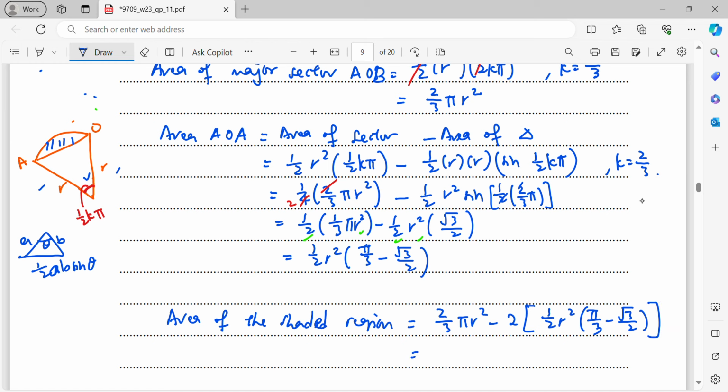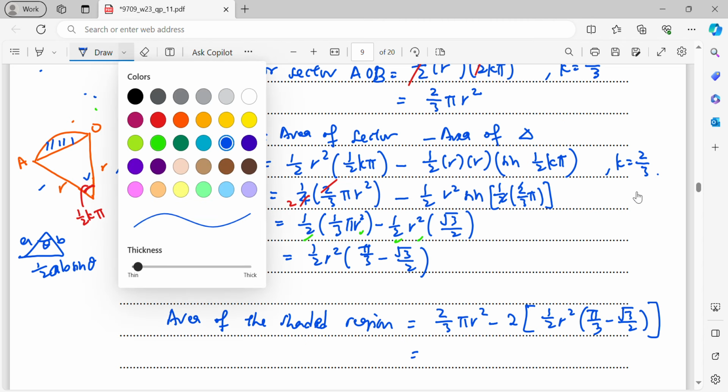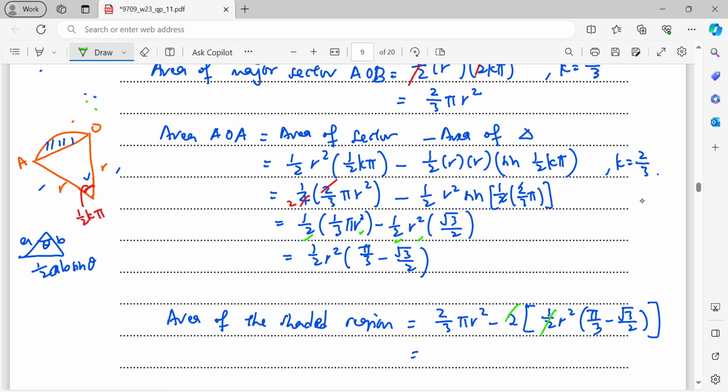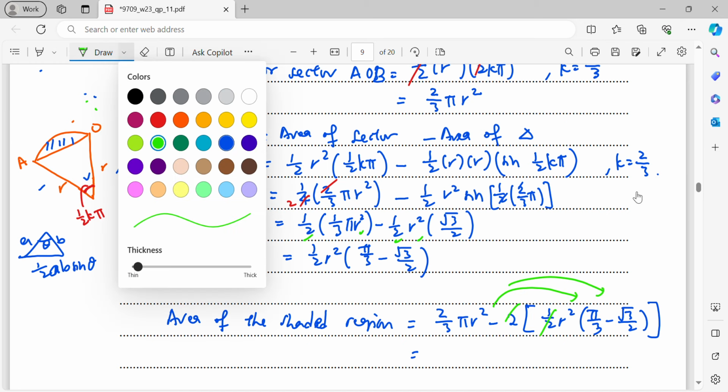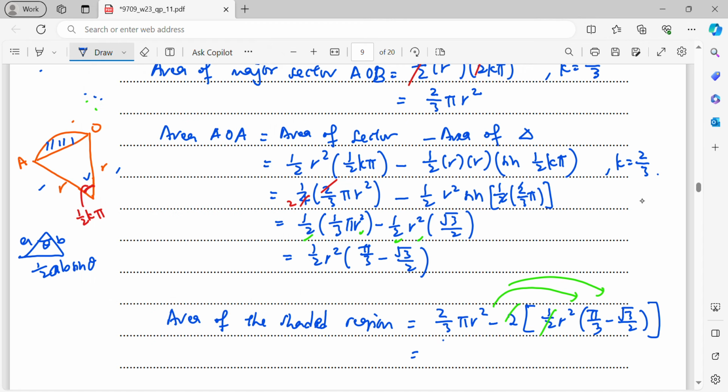Then from here you can simplify. The half and 2 can be cancelled off, and then this minus I bring in. So it will be 2 over 3 pi r squared minus r squared, together with the pi over 3, you get minus pi over 3 r squared. Then the minus r squared multiplied with minus square root 3 over 2 is plus square root 3 over 2 r squared.